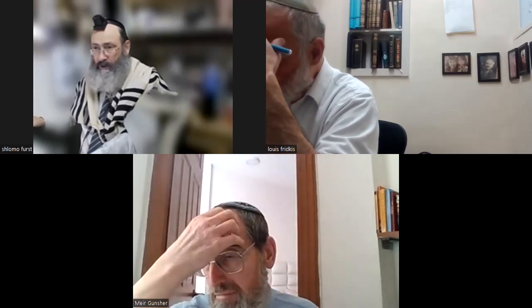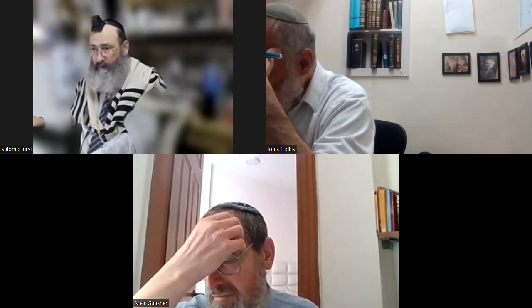Right, meaning you have to make a sukkah for the sake of having the shade there, the shade from the schach. But in this case, since he hasn't removed the roof, there's no sun, so there's no shade. Right.